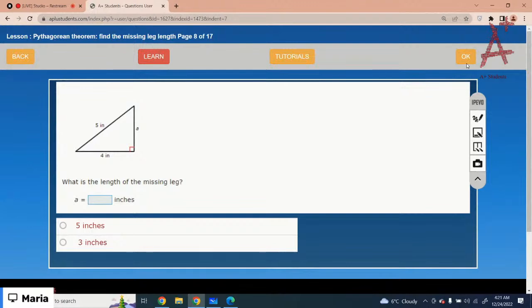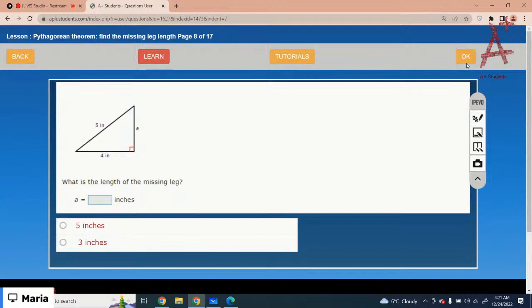What is the length of the missing leg? Which of the options is the correct one? It would be 5 squared is 25 and 4 squared is 16.